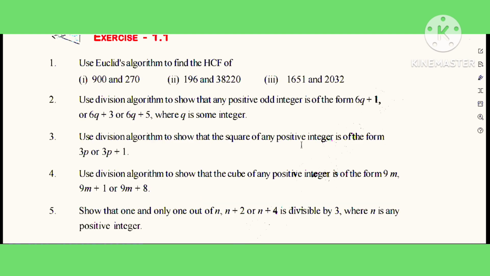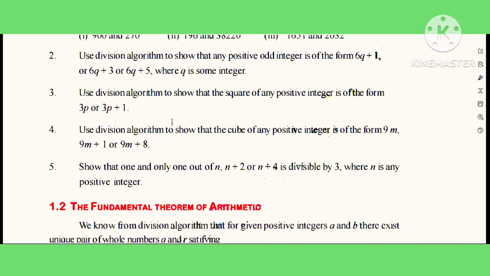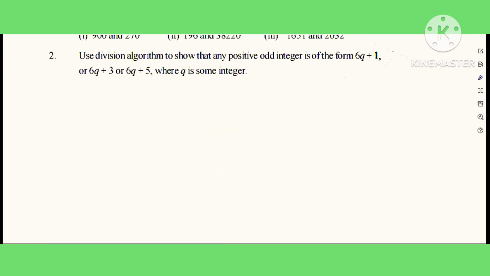Already you know that. So let us discuss the second question in this exercise. Use division algorithm to show that any positive odd integer is of the form 6q plus 1 or 6q plus 3 or 6q plus 5. I'm taking the white space to discuss this problem.